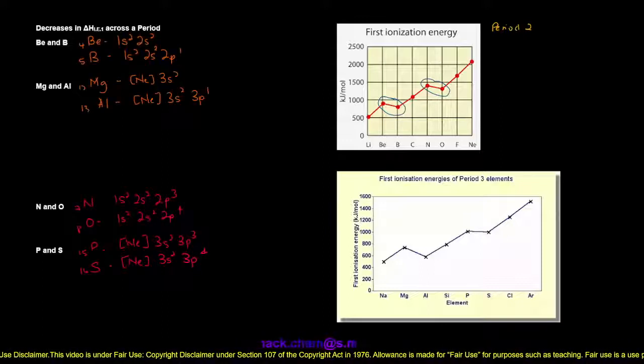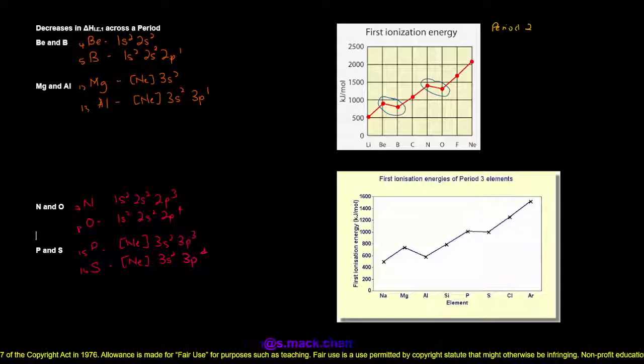I have written in the electronic configurations of the respective elements, and we're going to compare them as pairs of elements, and we will look at the reasons why that first ionization energy decreases when we would expect an increase.